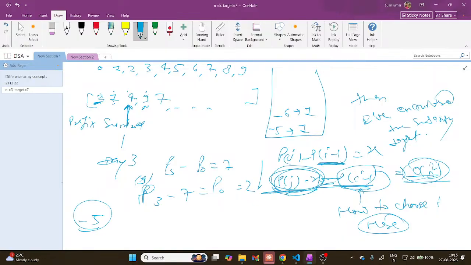Four minus seven is minus three, one time. Nine minus seven is two, one time. Seven minus seven is zero, one time. Okay, so what are we getting from here? I think nothing, right?